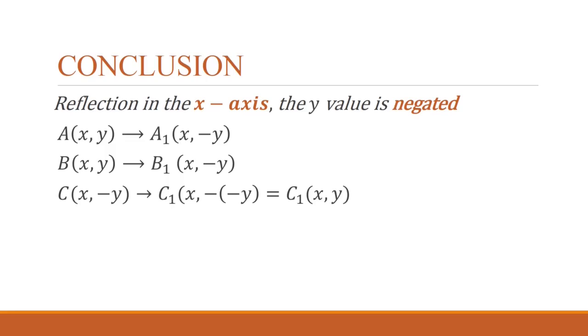Now what if I have C, point C, which is (x, -y)? What happens? You realize that since we are reflecting in the x-axis, the y-coordinate must be negated, and so we will negate the y-coordinate. But since the y-coordinate was already negative, negative multiplying negative will give you a positive value, and so C1 will now become (x, y).